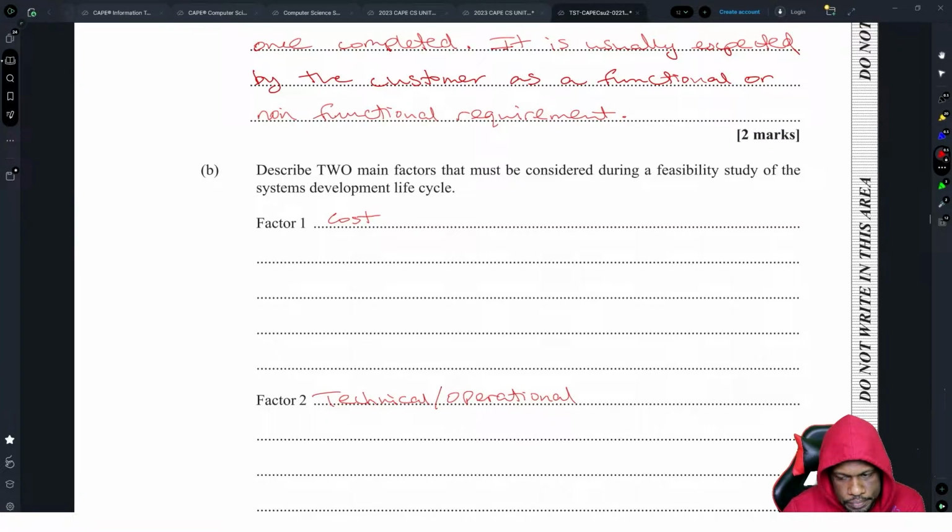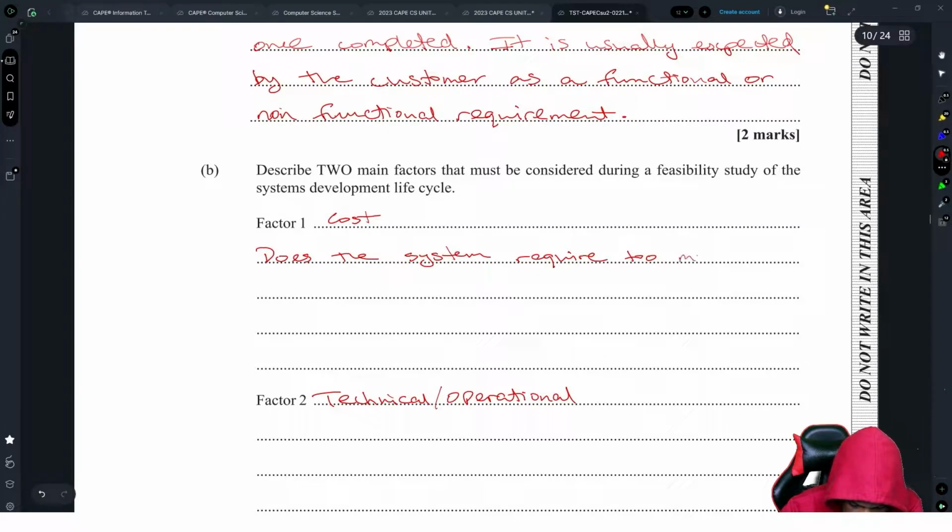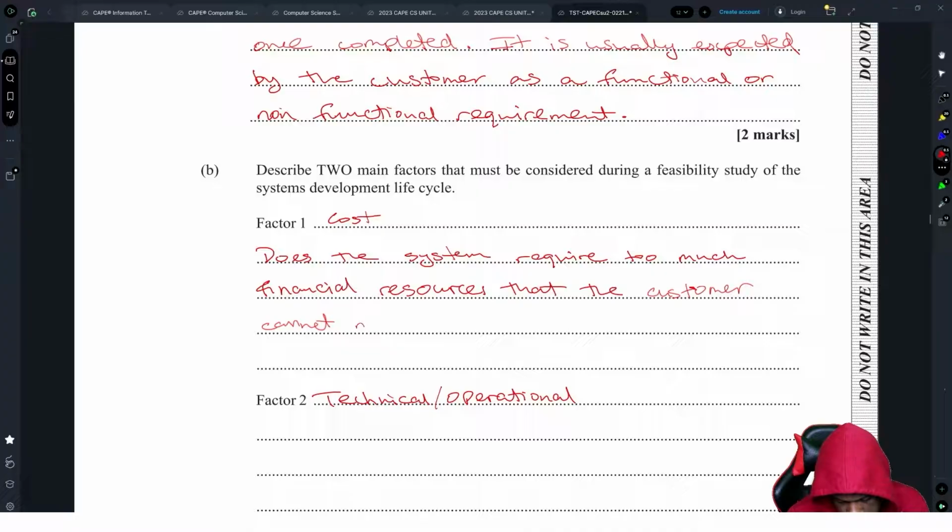Does the system require too much financial resources that the customer cannot meet?